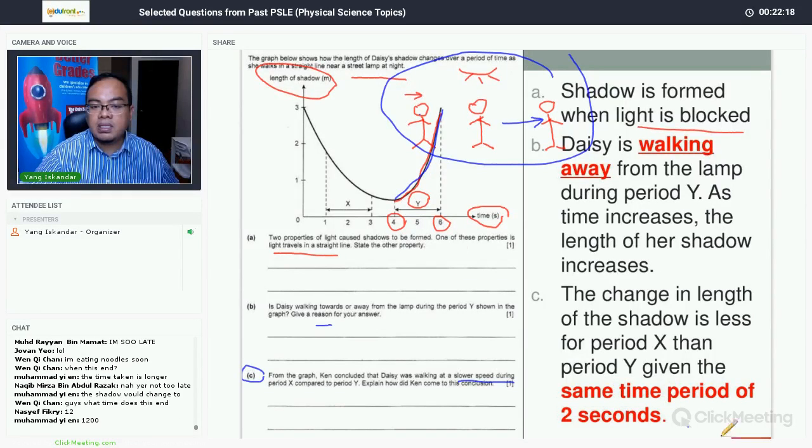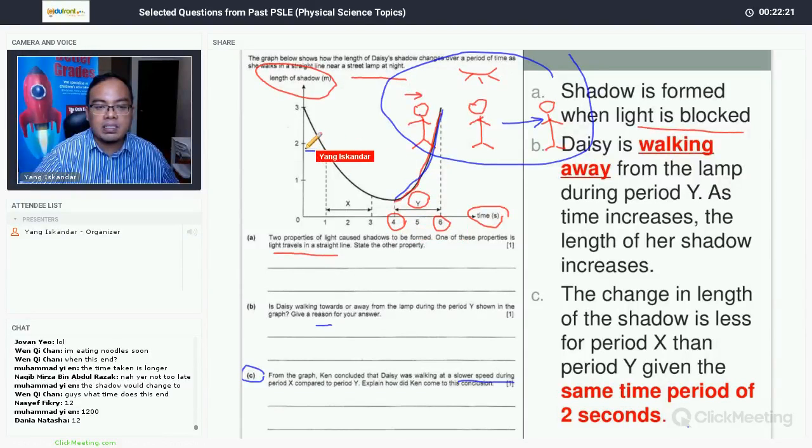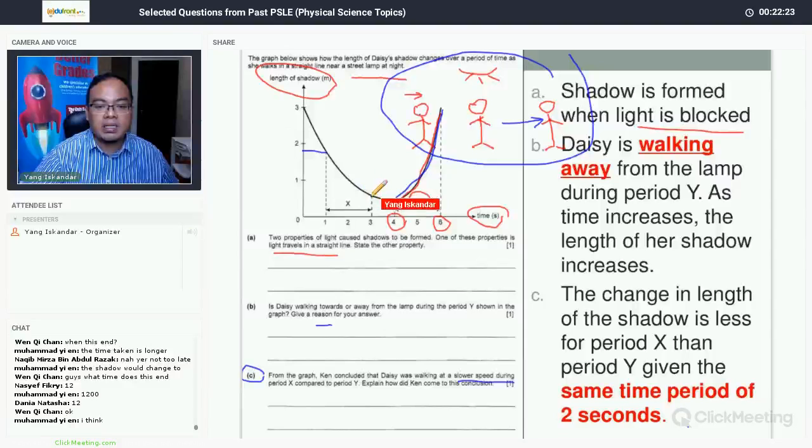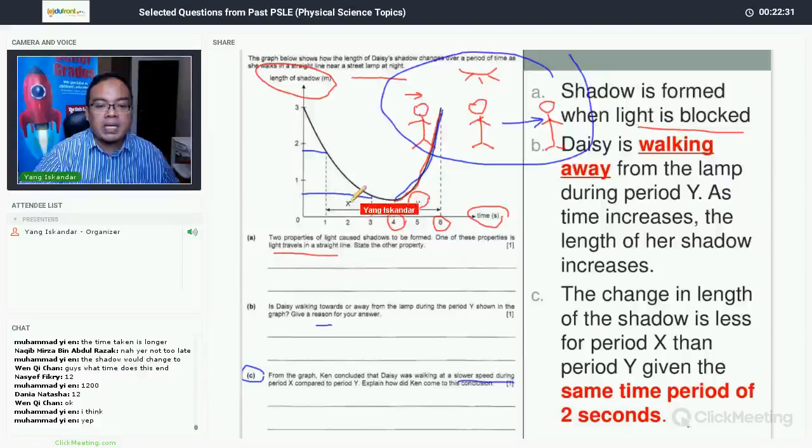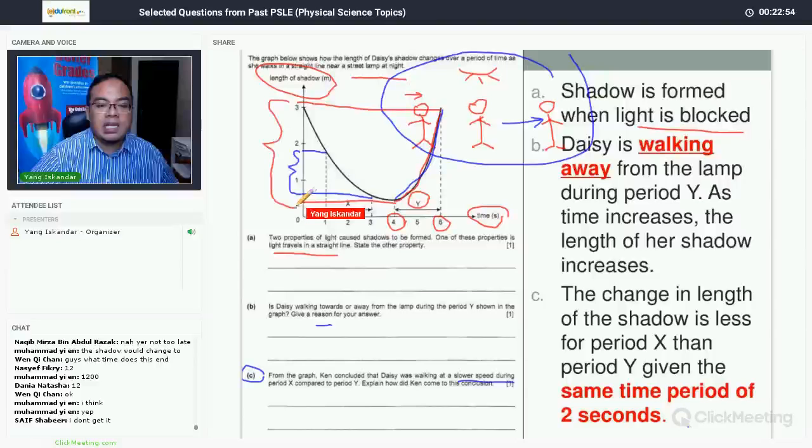In part X, between these two blue lines, from the first second to the third second, this is the change in the length of her shadow. But in part Y, the change in the length of the shadow is from here to here, right? So this is the change in the length of the shadow.